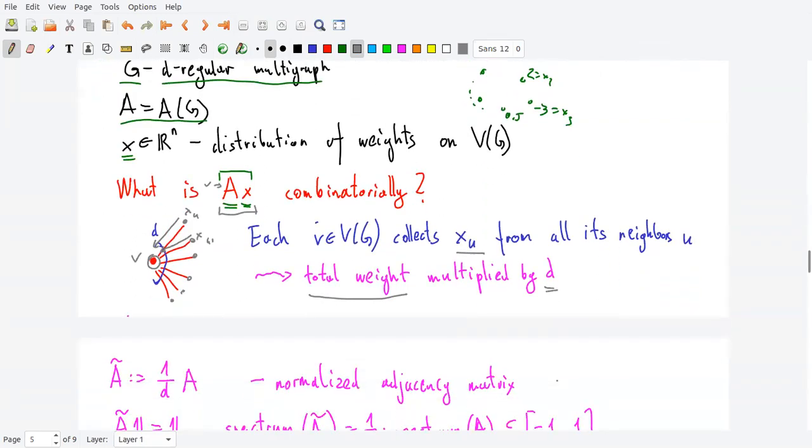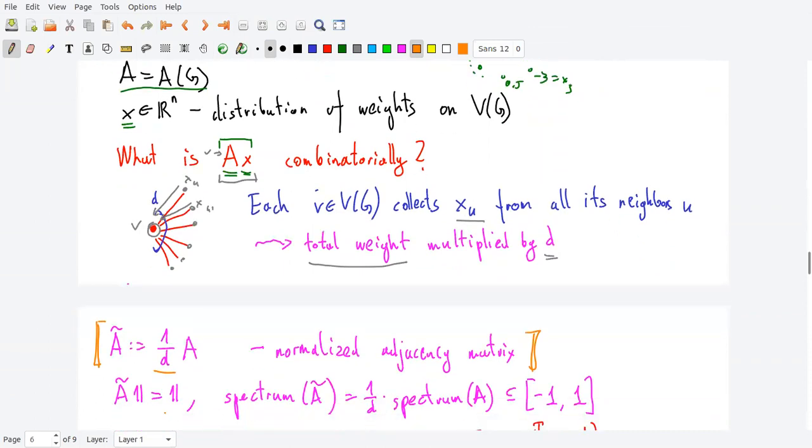Maybe this multiplication is not that nice for the purpose of understanding this. So let us normalize the adjacency matrix by multiplying it by the factor 1/d. So every entry of the matrix is then multiplied by 1/d. What actually happens now is that the sum in each row is equal to 1, not equal to d.